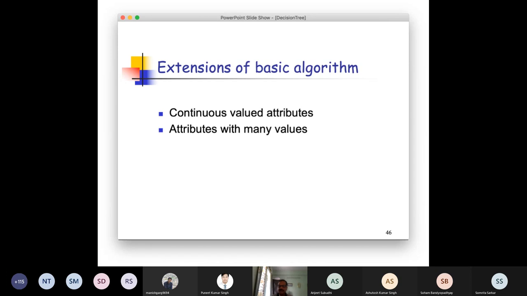Now that would make the process need something more, because you will find that attributes which have a larger number of values will be preferred. There will be a bias to choose them among the candidate sets. So it is likely that if you choose that attribute, the average entropy over the partitions that you get is going to be small.